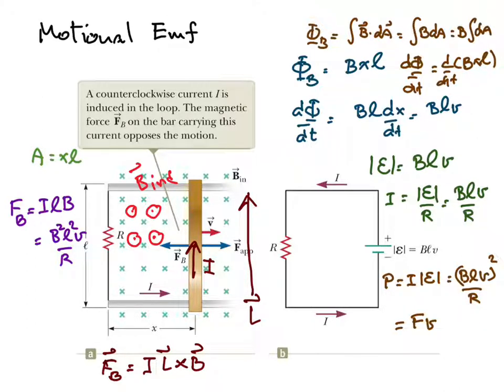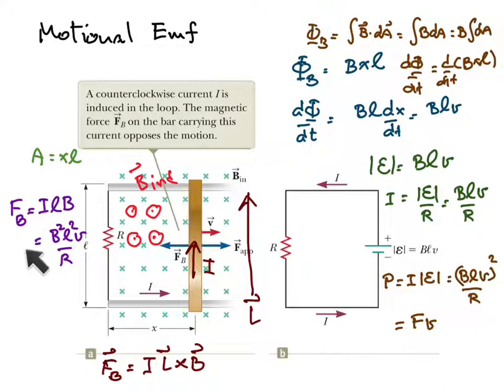the magnetic force. And since L is perpendicular to B, in this case, the magnitude of L cross B is equal to LB. So we have the magnetic force which is equal to ILB, because the magnitude of L here is equal to the small l, right? So we have FB is ILB. And we know that I is equal to this term.